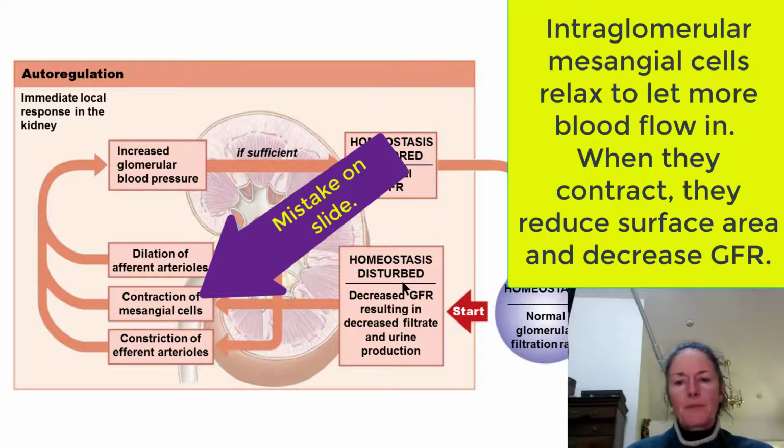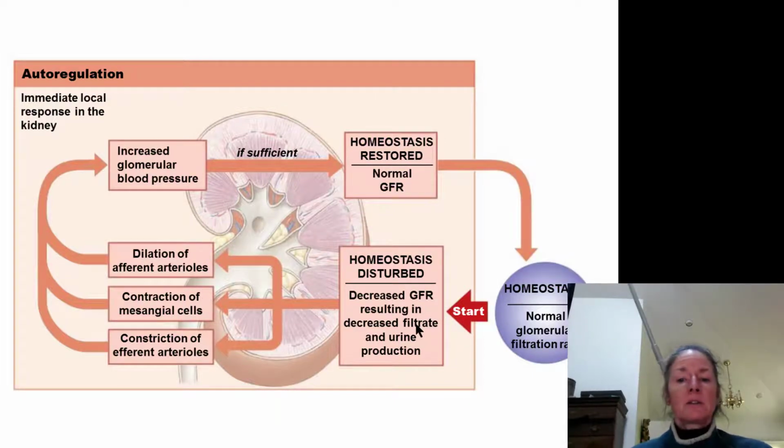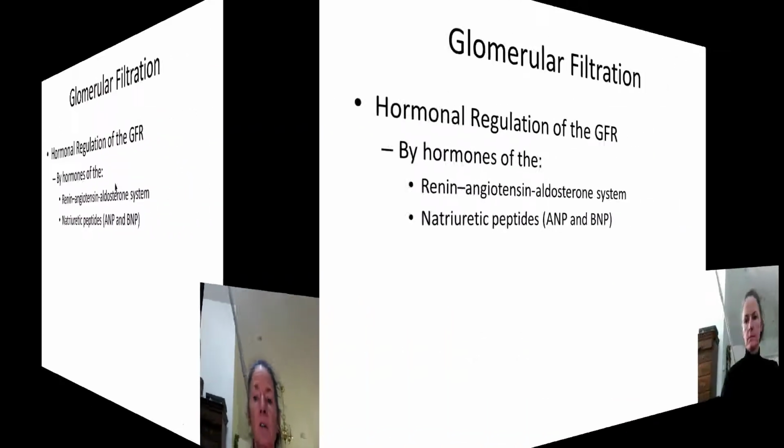Now, if we had the opposite effect and we had an increase in glomerular filtration rate, then we would basically dilate the efferent arterioles and constrict the afferent arterioles, and that would have the reverse effect.